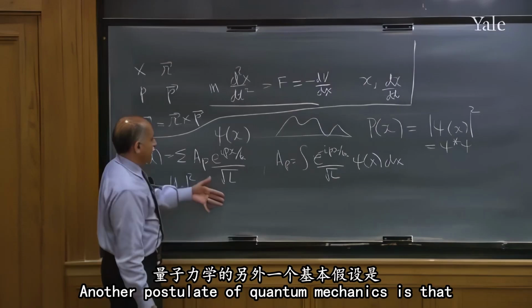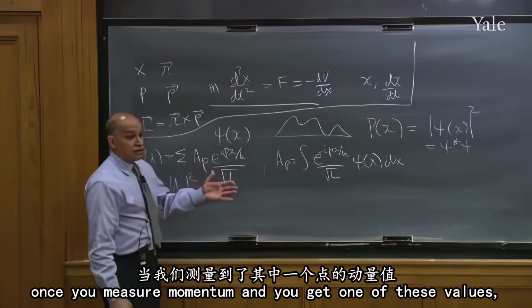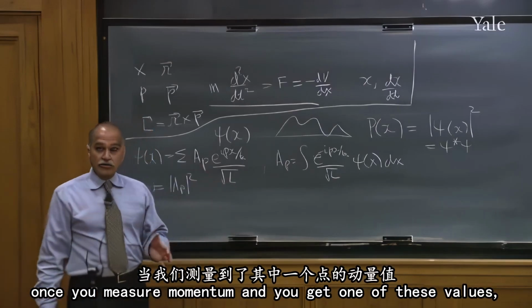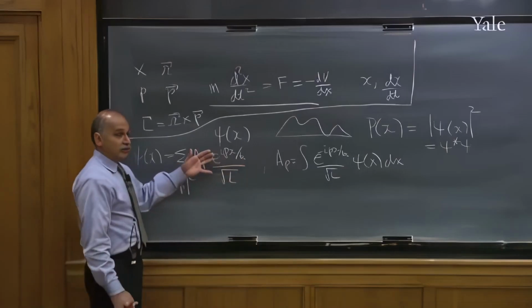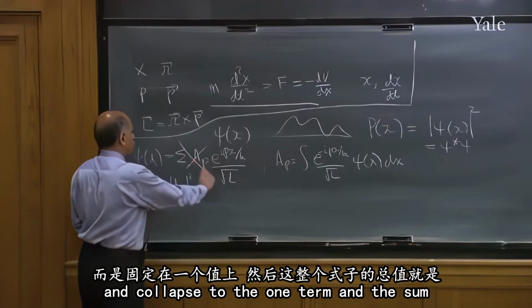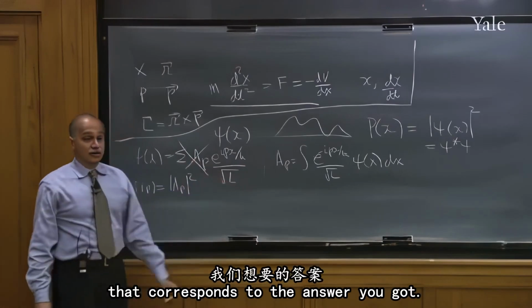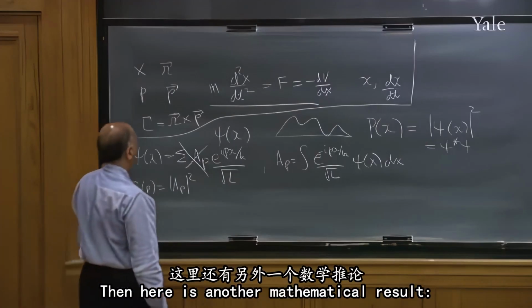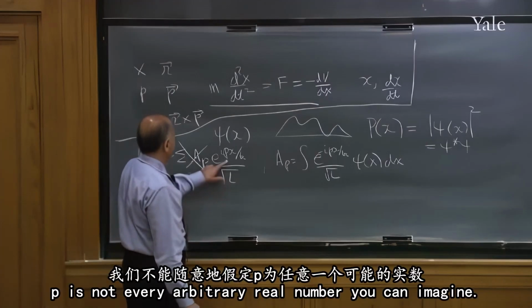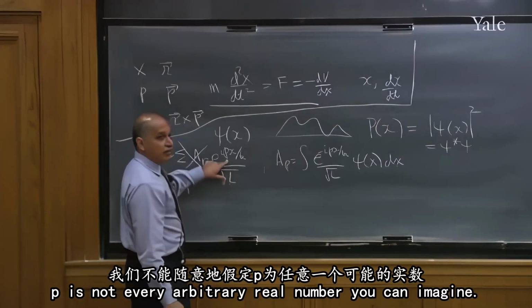Another postulate of quantum mechanics is that once you measure momentum, and you get one of these values, the state will go from being a sum over many such functions and collapse to the one term in the sum that corresponds to the answer you got. Then here's another mathematical result. p is not every arbitrary real number you can imagine.